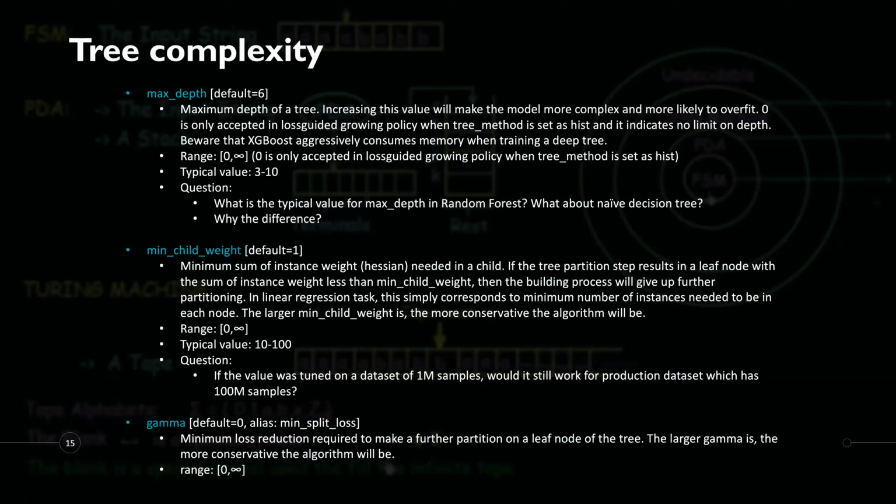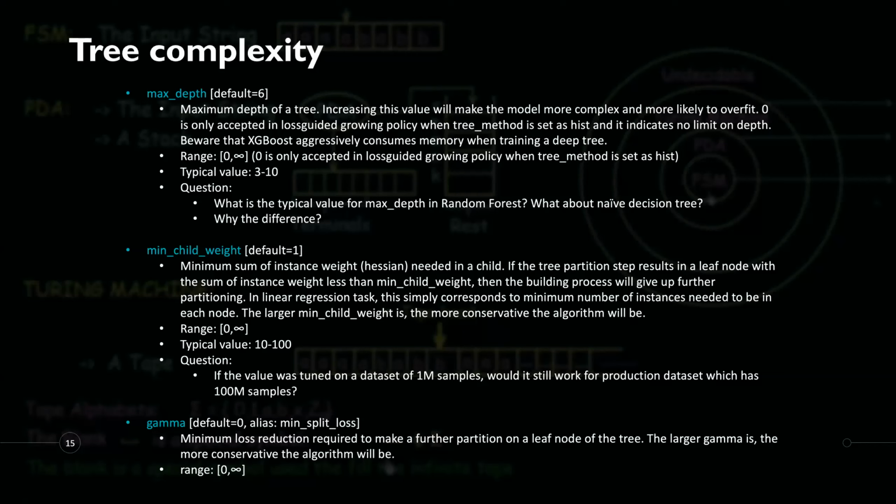Interestingly, if we train three models, bagging, boosting, and a naive decision tree, and tune the parameters, you'll probably find that the decision tree in bagging is the most complex one, the naive decision tree is in the middle, and the decision tree in a boosting algorithm is the least complex one.